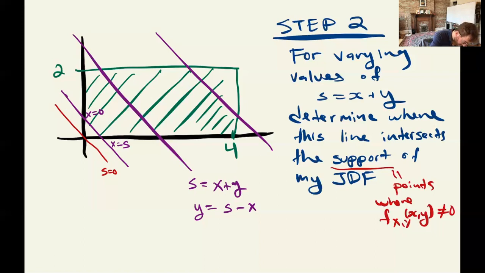And so there's another sort of change in behavior when this line passes through that corner, because notice that whereas here, the intercept with the support occurred on this y-axis, which is also where x equals 0, over here, it only enters the support at a different value. It doesn't enter at the value of x equals 0. We need to figure out what is the equation of this point.